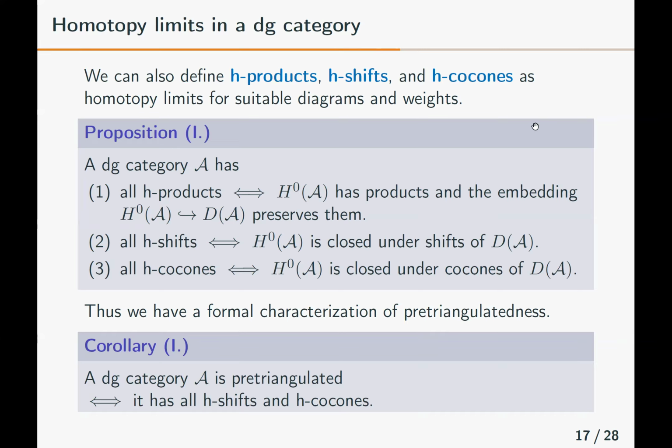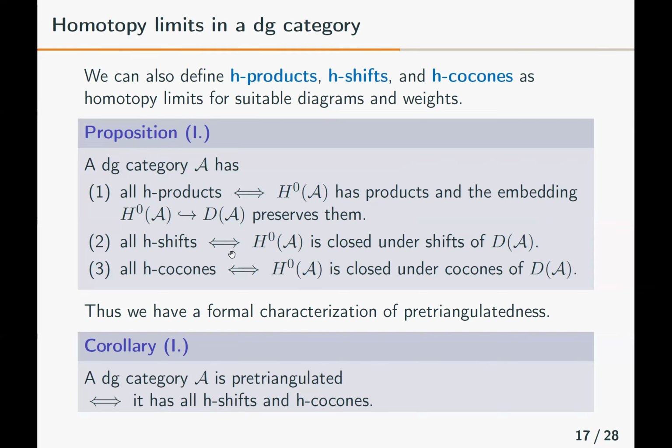These homotopy limits can be characterized as follows. First, a DG category A has all h-products if and only if the homotopy category H^0(A) has products and the embedding into the derived category preserves them.